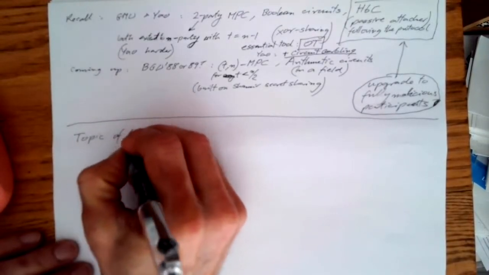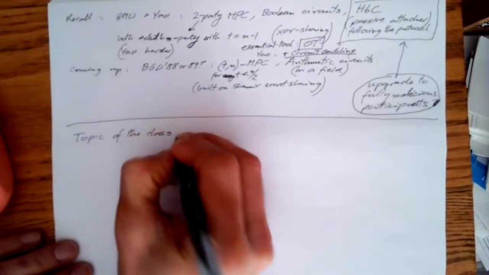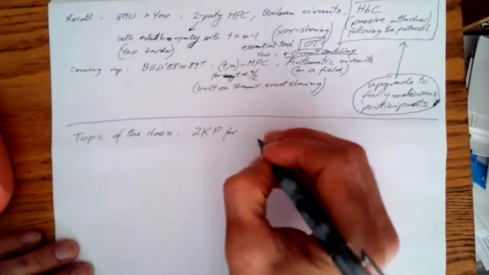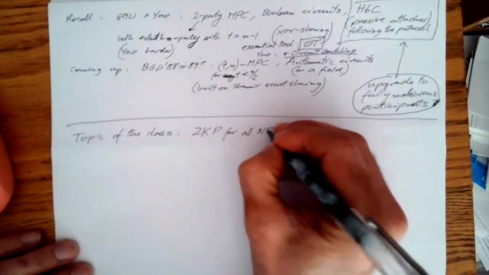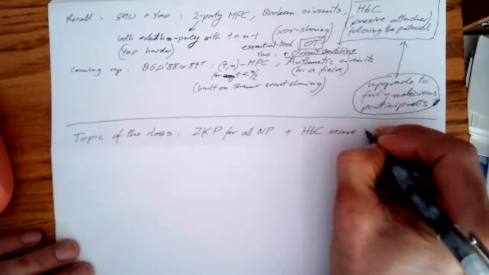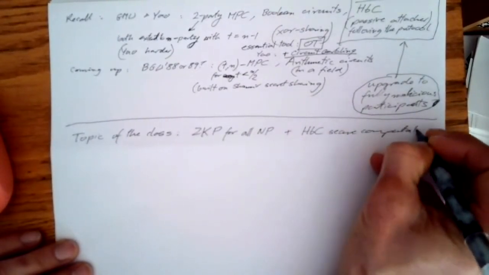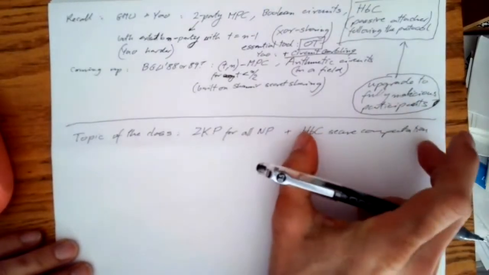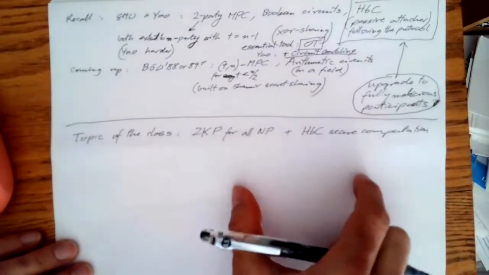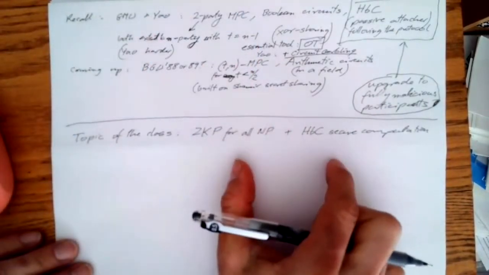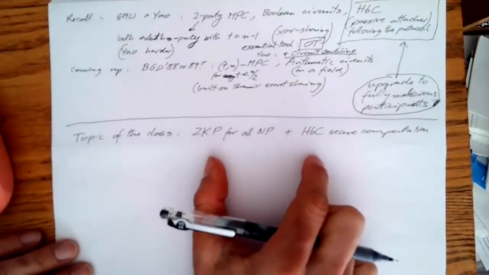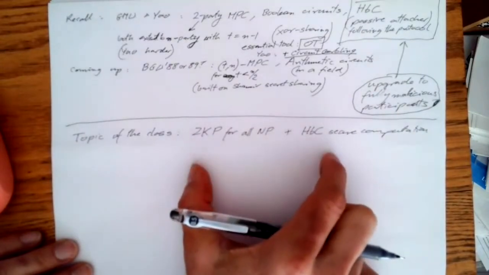So, topic of the class, right? What did we get so far? We have zero knowledge proofs for all NP, and we have HBC secure computation. So HBC secure computation means that there is a protocol, and let's think of two parties. That's indeed what we have really shown so far. Two parties engage.